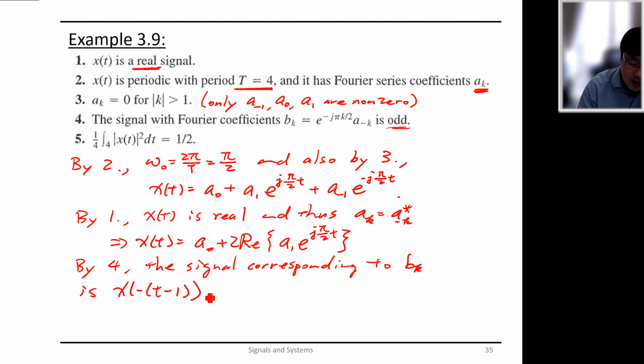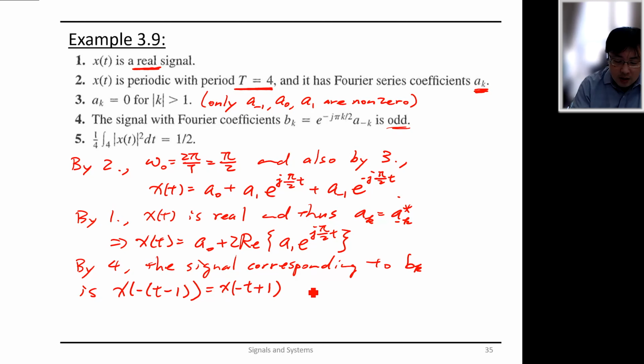So if you get rid of this bracket inside, you have x of minus t plus 1. And property 4 tells us that this signal, x of minus t plus 1, is odd. And since x of t is real, this signal must be real as well.